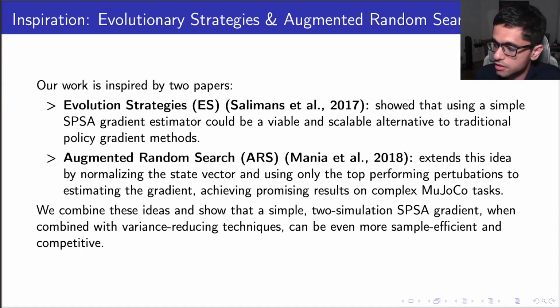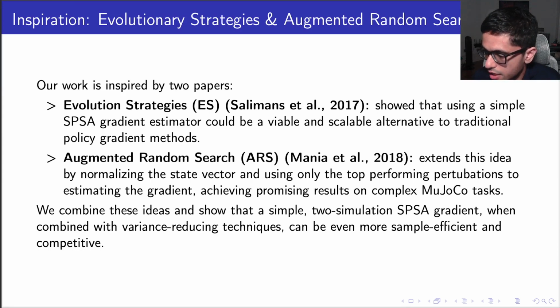Our work is inspired by two papers, Evolution Strategies and Augmented Random Search. ES showed that using a simple simultaneous perturbation stochastic approximation gradient estimator could be a viable and scalable alternative to the traditional policy gradient methods.